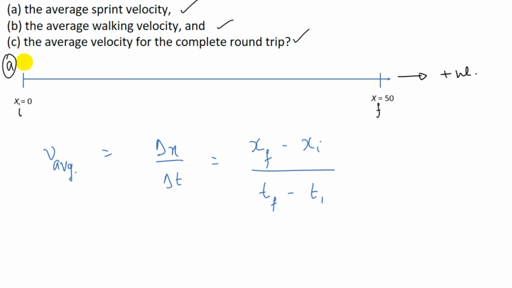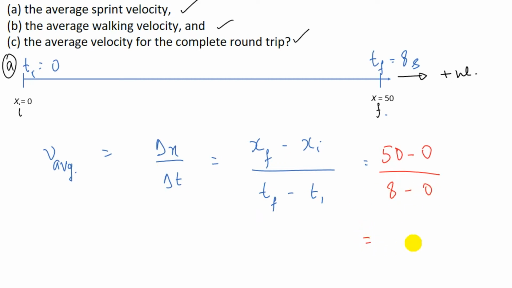Here this would be ti, the initial time, which is 0 seconds, and here tf, we are given in the question to be 8 seconds because it takes 8 seconds to reach from this point to this point. So average velocity would be equal to xf, which we have as 50, minus xi, which we have as 0, divided by tf, which we have as 8, minus ti, which we have as 0.